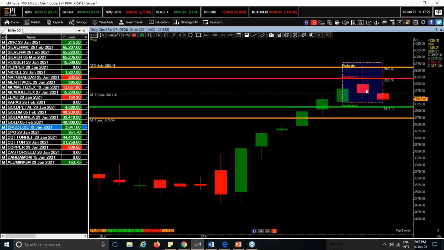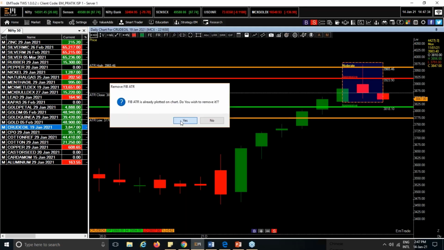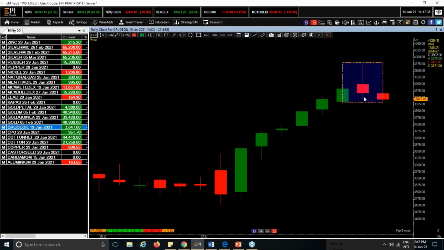This is your daily time frame chart for crude oil. Your body, wick and tail: the wick is more compared to the body. I just remove this tool, so now it's a clean chart.